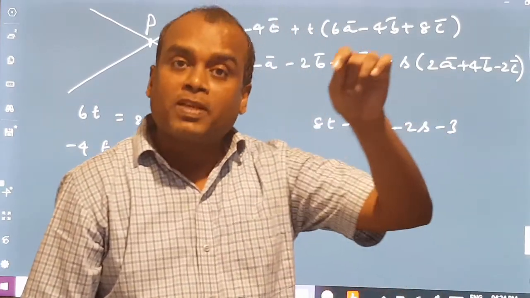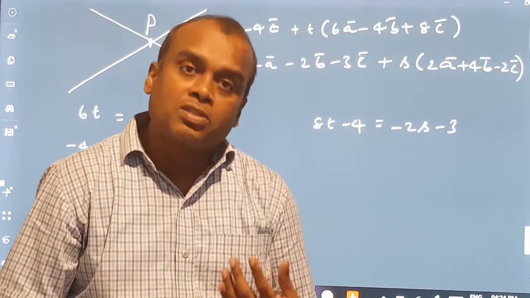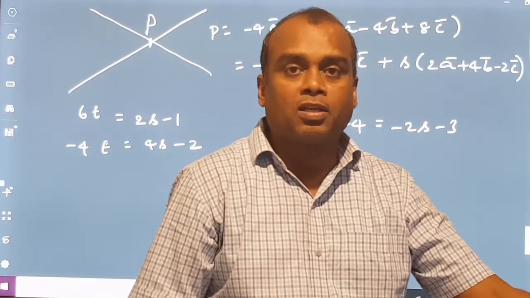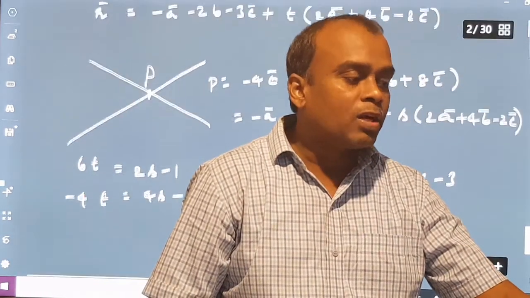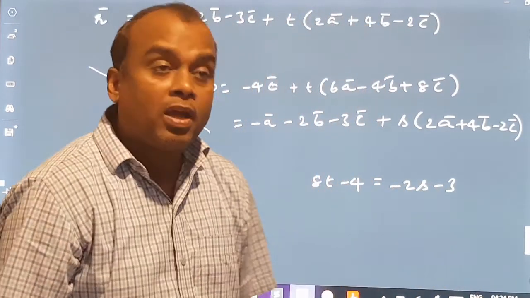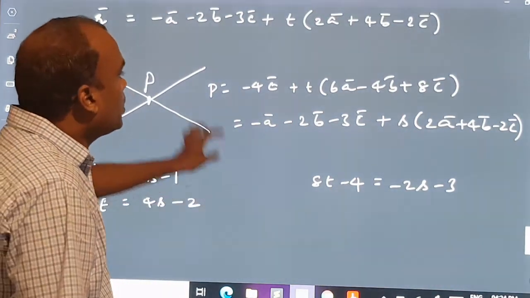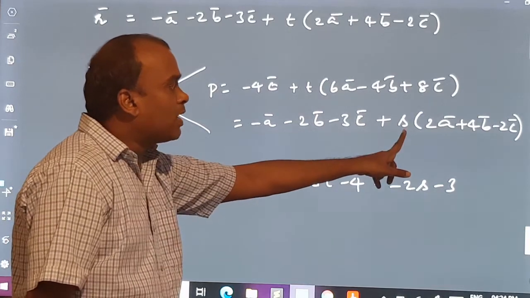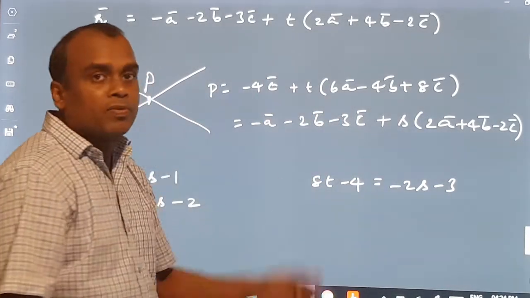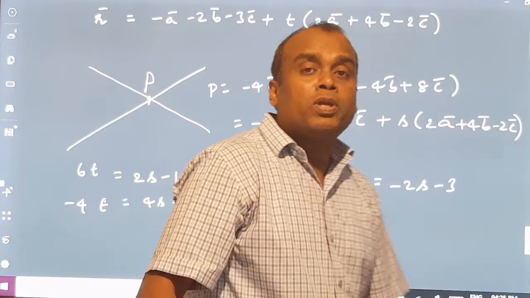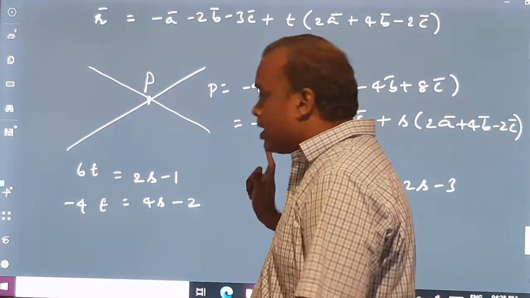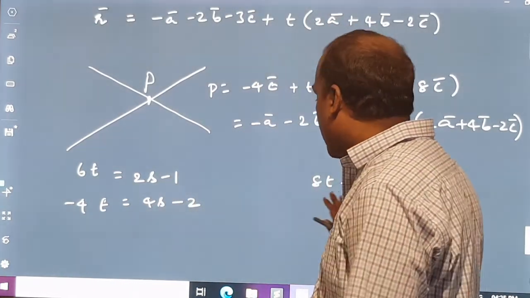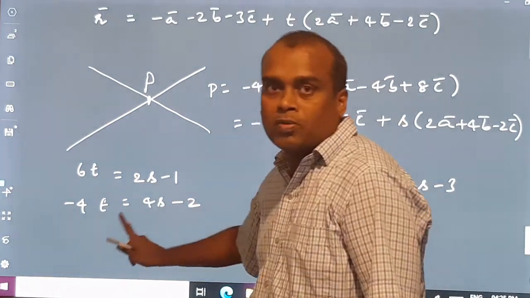If they satisfy the third equation, then you can say that they are intersecting. If they do not satisfy, that means lines are not intersecting. And if they satisfy, putting one of the values, either t value here or s value here, you will get your point of intersection. So we are going to solve for s and t values, and we are going to solve only two of these equations.